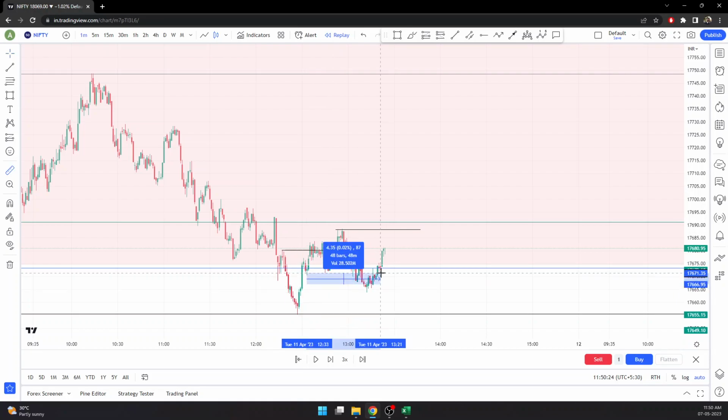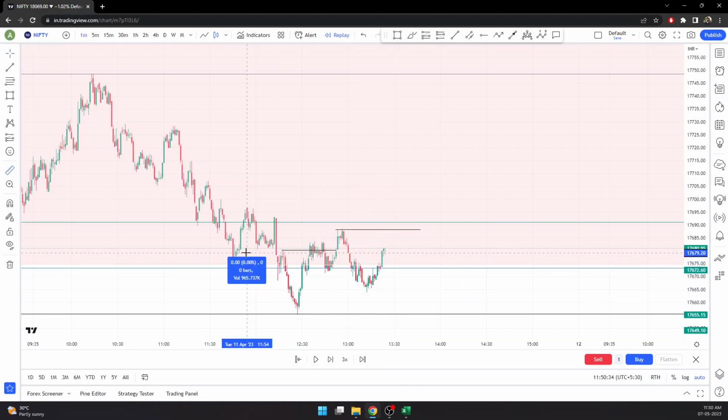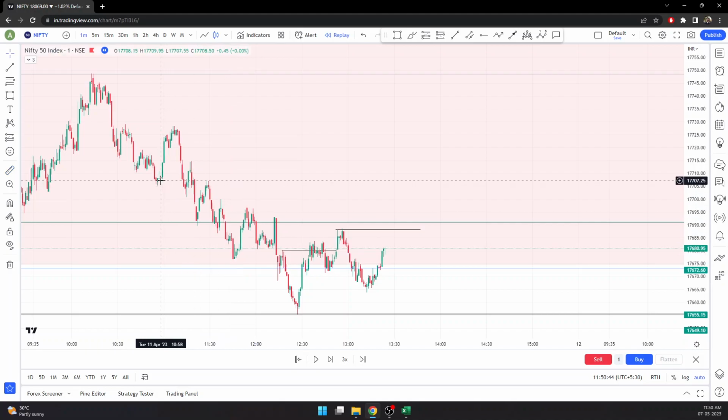How many candles are these? Almost 48 bars, right? For almost 45 minutes it is unable to break this next move, and if we look back, it was able to break it within 15 to 20 candles, almost double the time, but it is not able to break this level.